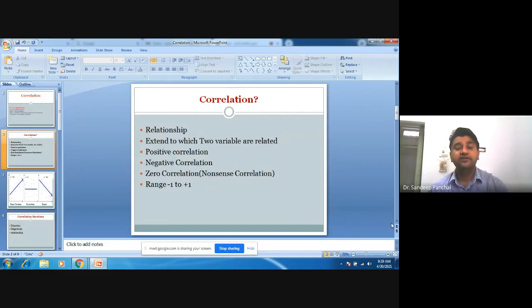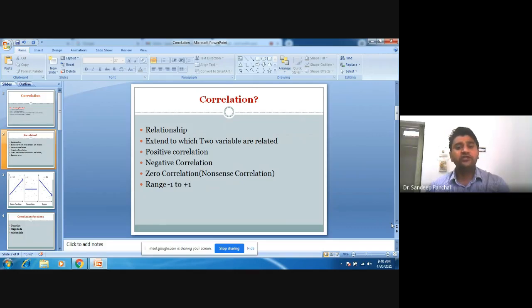But before establishing the relationship, we have to understand that we require at least two things or two variables, two situations, two persons. So correlation simply means the relationship between two things or two variables.